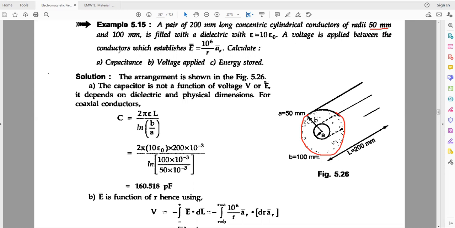A voltage is applied between the conductors which establishes E bar equal to 10 to the power 6 by R into a R bar. Calculate the capacitance, voltage applied and energy stored.